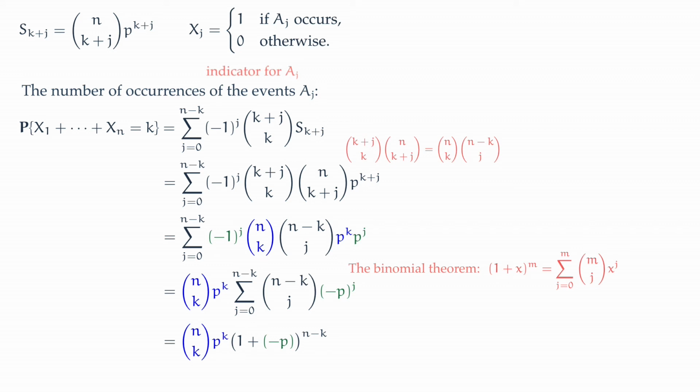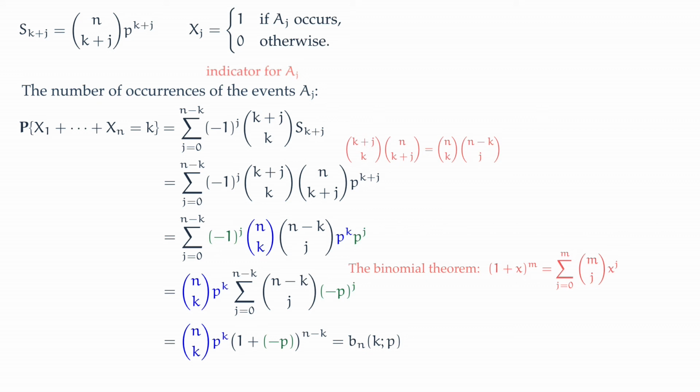Now, does this look familiar? Assuredly it does. This is something we spent a lot of time playing with over the last couple of weeks. And you'll say, aha, this is a binomial distribution. This is exactly the binomial probability attached to the number of successes, k, in n tosses of a coin whose success probability is p. 1 minus p, of course, is a failure probability.